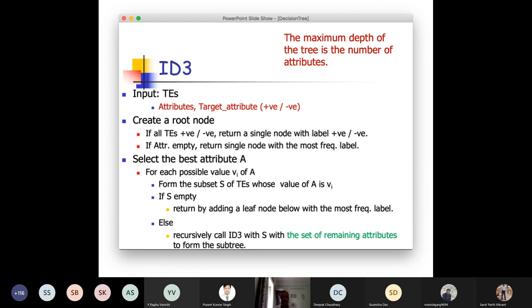This point is about certain conditions when we are considering all attributes. If the attribute is empty, return a single node with the most frequent label. You understand? This is most likely not going to occur in most of the situations we are discussing. There may be some exceptional situation. I have to think about that.